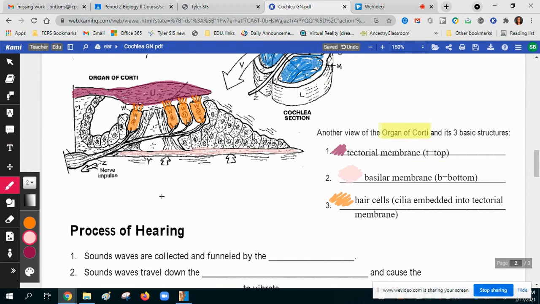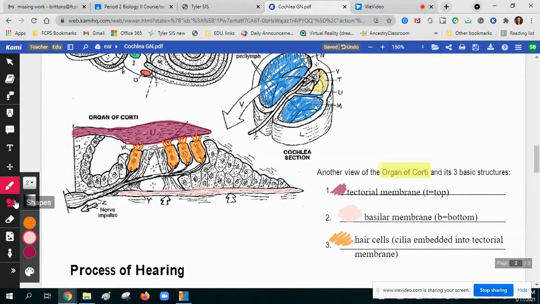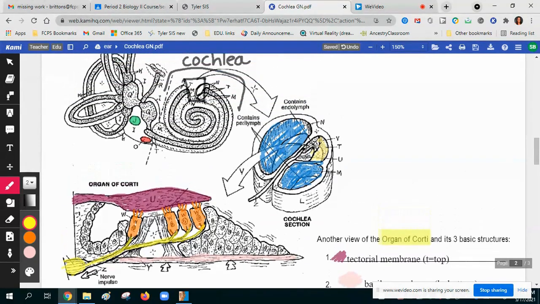And another thing that we have in this image that I feel is noteworthy is the nerve endings that are coming off of those hair cells. Because remember, ultimately, we're trying to figure out how hearing works. And these hair cells are really important in that process. So they're actually connected to specialized neurons.